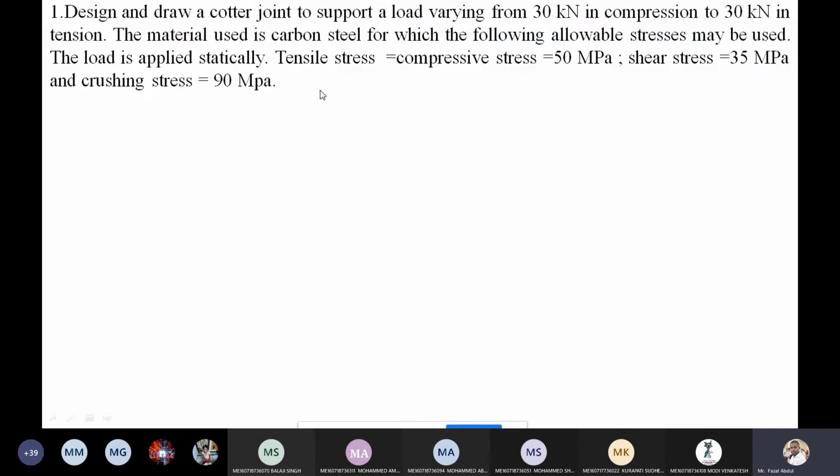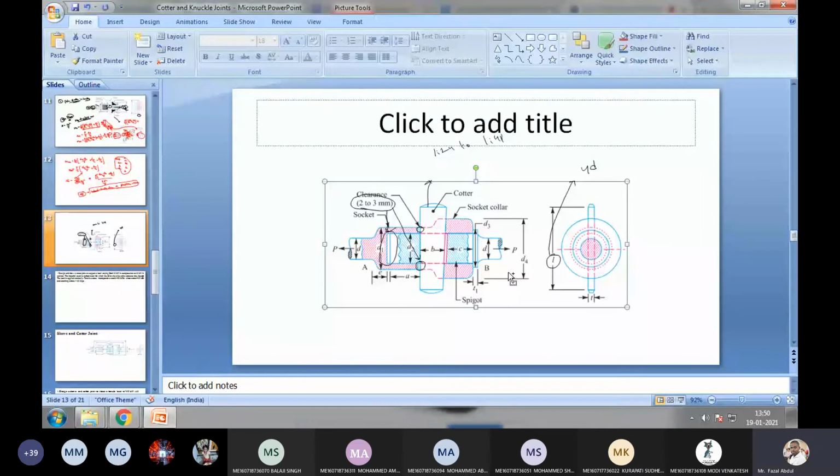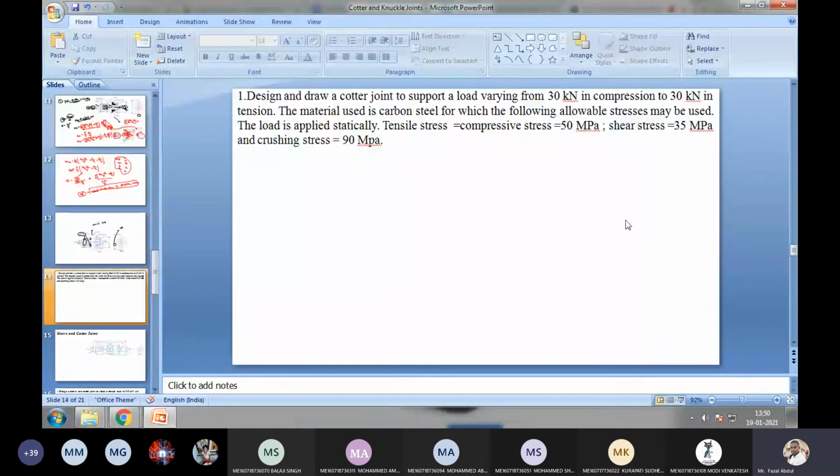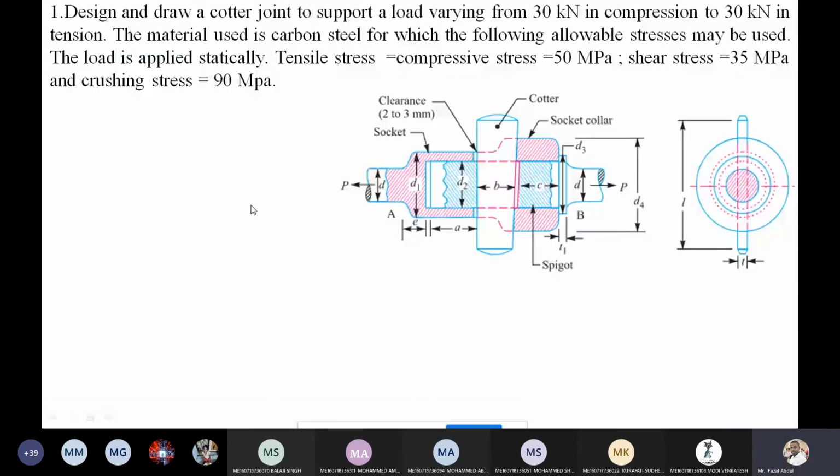Design and draw the quarter joint. So I am drawing the quarter figure here. In the examination, you have to draw this figure separately above. For the figure, you get a maximum of 5 marks. If you forget or do not draw it properly, you will lose the marks.